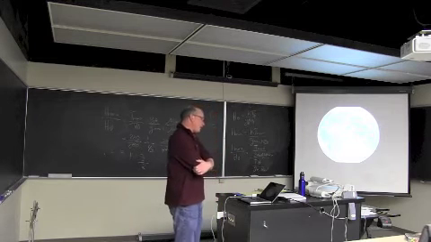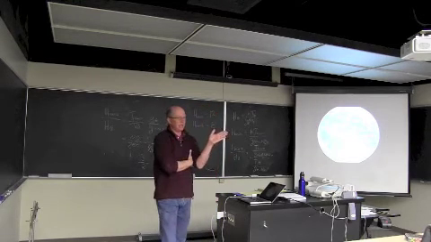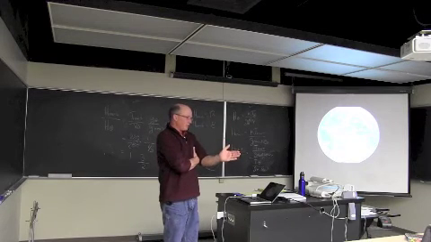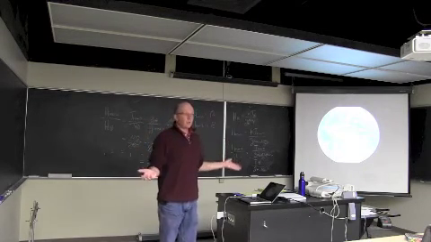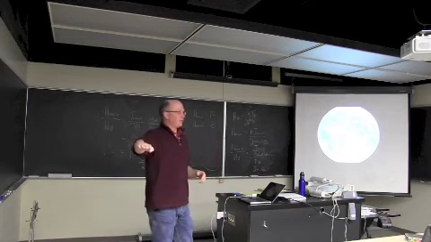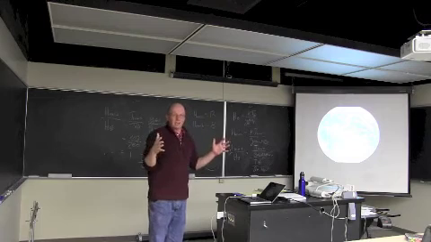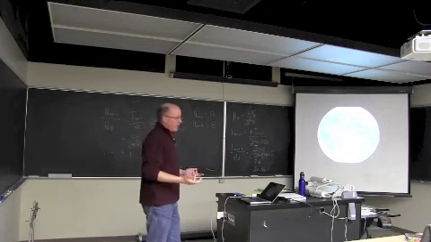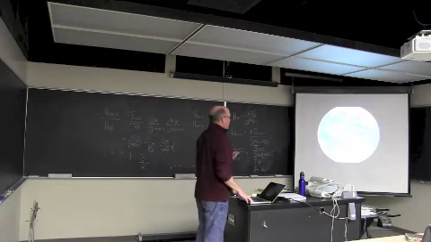So if you can find some way to calibrate it, you can use craters to date the surface of an object. If you've got 100 craters per square kilometer, that surface is 3 billion years old, and if it's 50 craters per square kilometer, it's 2 billion years old. But we have to find a way to calibrate that. We have found a way to calibrate that.